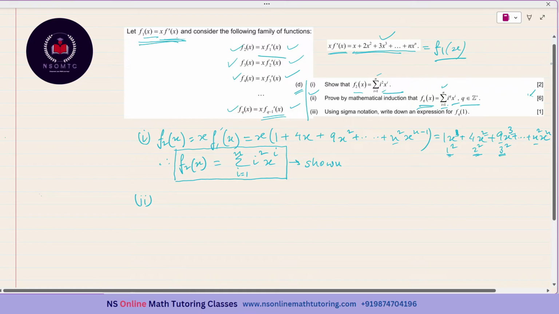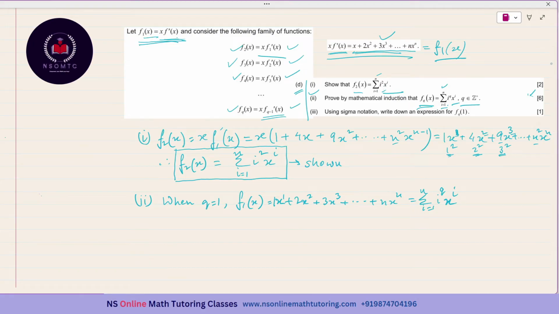Okay. So we can write, when q is equal to 1, f1 of x is x plus 2x squared plus 3x cubed plus ... plus nx to the power of n, which in sigma notation can be written as i to the power of 1, x to the power of i, i equal to 1 to n. And for general q, I can write i to the power of q and x to the power of i, because q is 1.